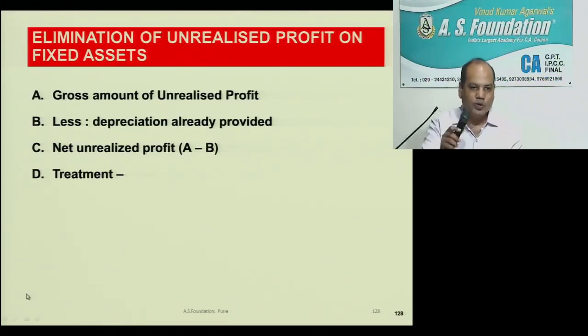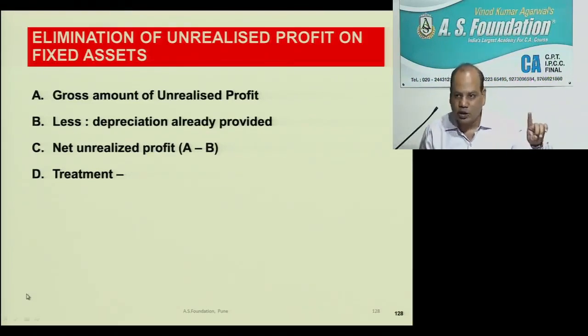If it is an upstream transaction, then deduct it from the profit of the subsidiary company. One calculation will be common, 45,000 rupees, which I did, and that will be deducted from the fixed asset. Only the second effect will change depending upon who is the seller. If the holding company is the seller, reduce from the holding company's profit.